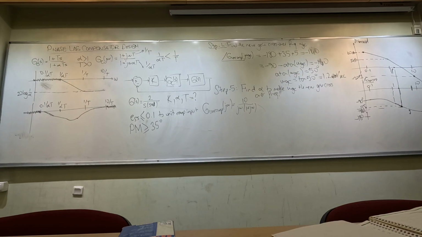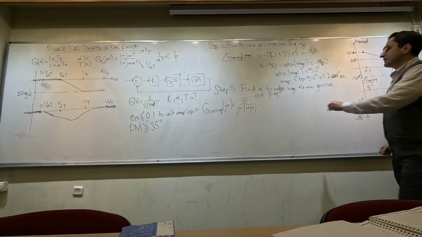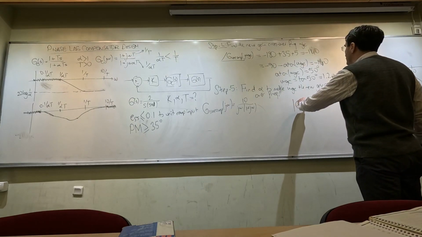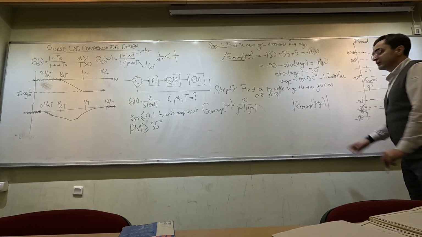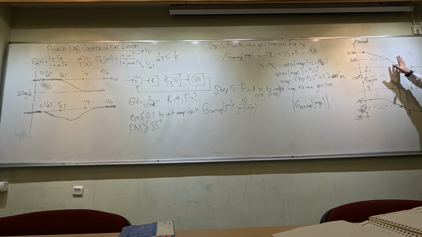So here, the magnitude of the uncompensated system at that point is G uncompensated of j omega GC. This is the magnitude of the uncompensated system only at that point. It's a positive number in dB scale, a number larger than 1 in that case.